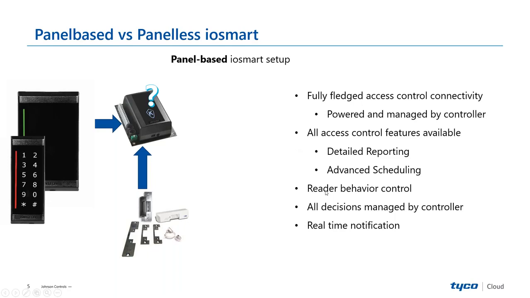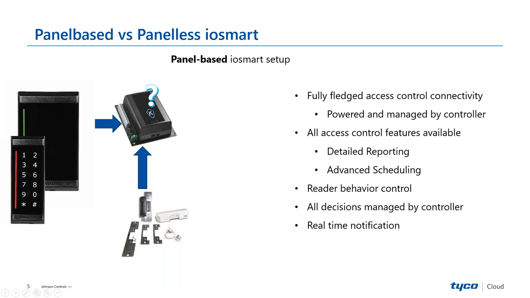A panel based installation is more of a traditional installation where you have your ioSmart readers attached to a controller, and this controller is Wiegand or RS-485, and then the controller decides everything and unlocks the door. It is a purely standard access control door.